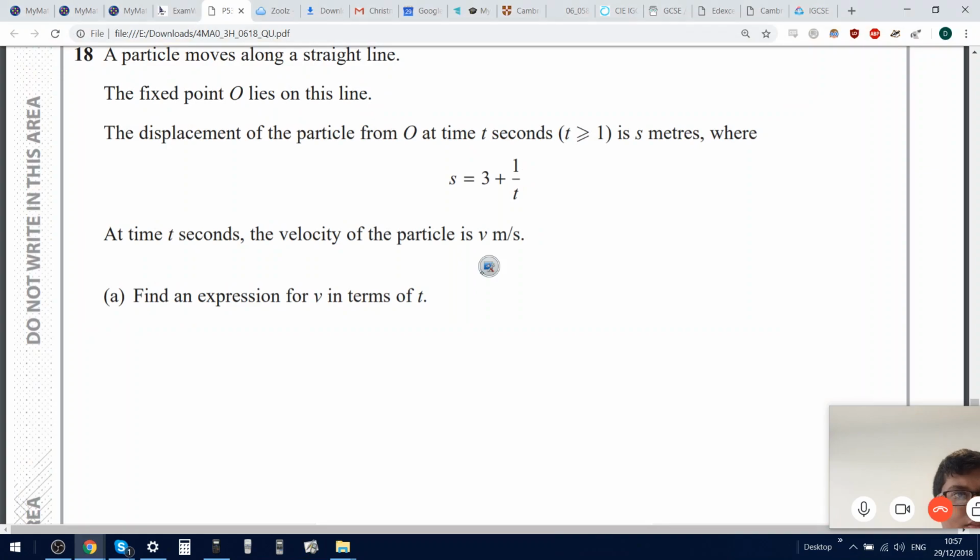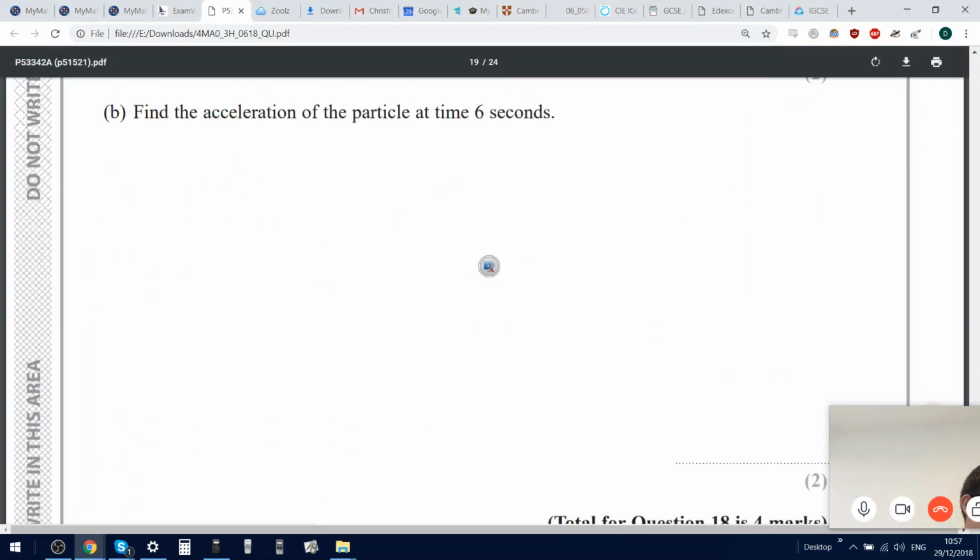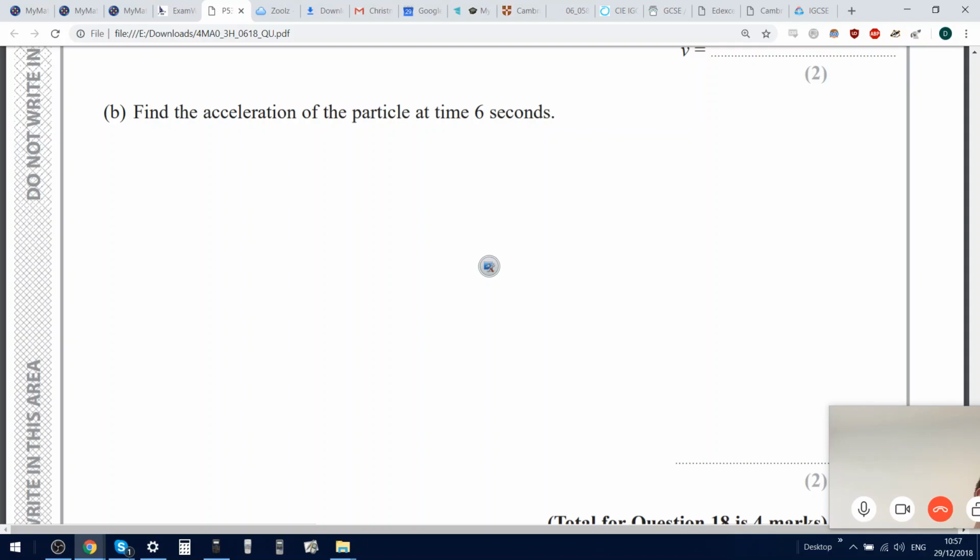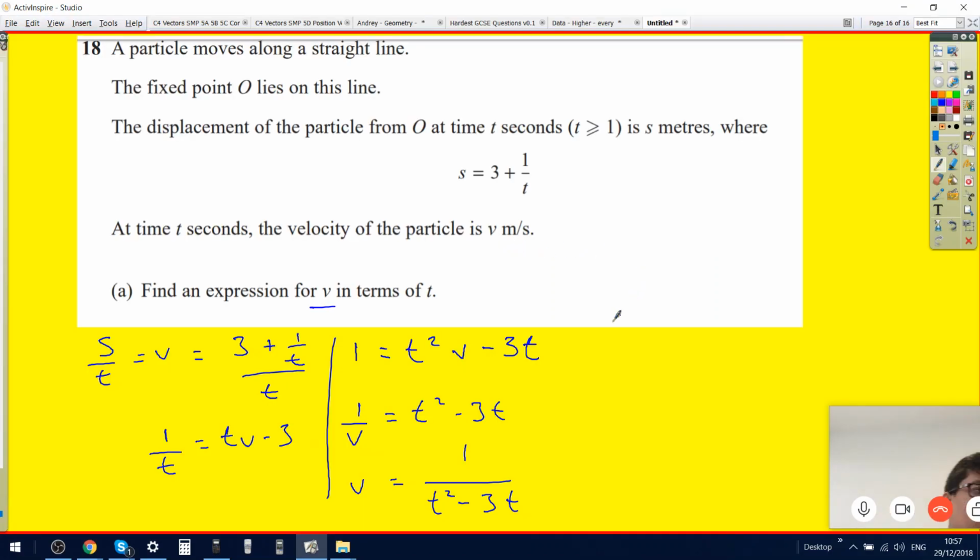Okay. Find the acceleration of the particle at time 6 seconds. Do they want the velocity at 6 seconds or what? Acceleration. Okay, that's meters per second squared. So we've got our formula for the speed, but we need to divide that again by the time.